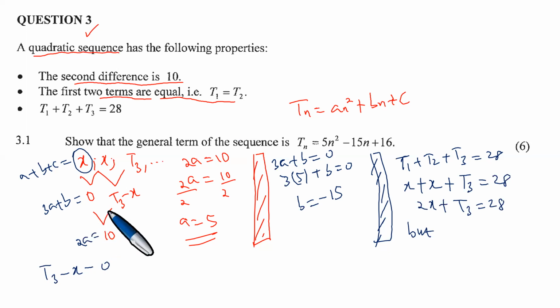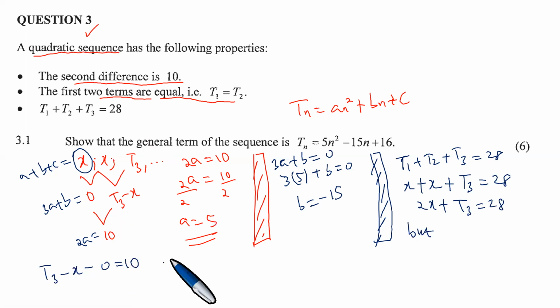If you take T3 minus x minus 0, it is actually equal to 10, because it's this minus this. This minus that is 10.